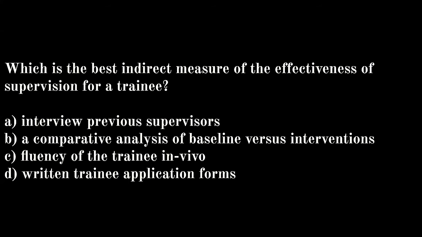And D, written trainee application forms. I meant that to sound like this is somebody who hasn't had supervision. So how could we know whether supervision was effective if they're just now applying? So A is the best answer that answers the question. C is the best answer in general, but A answers the question best. Does that make sense? Hopefully.